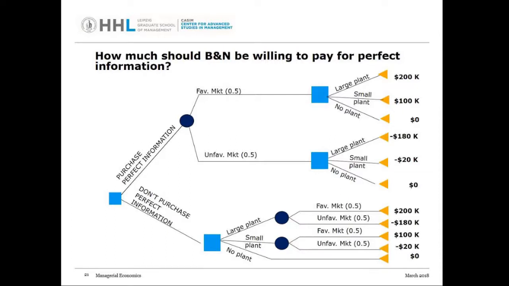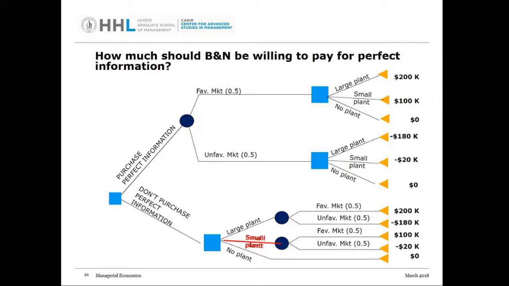However, what happens if they purchase the perfect information? Pay attention to the order of nodes. The uncertainty is before the decision. If they have perfect information, they know whether the market is favorable or unfavorable, and only then decide what to do.